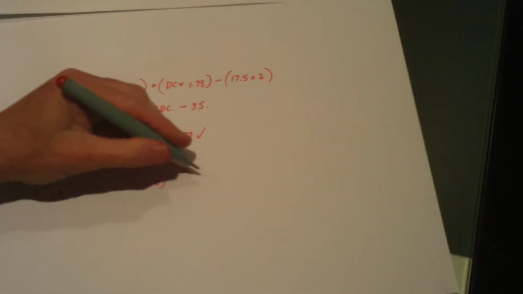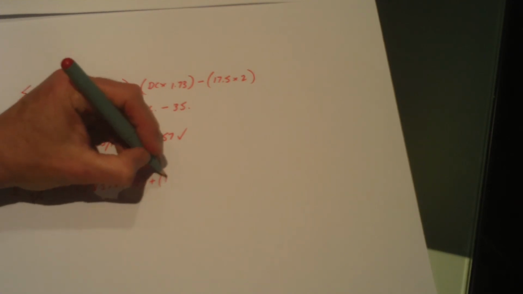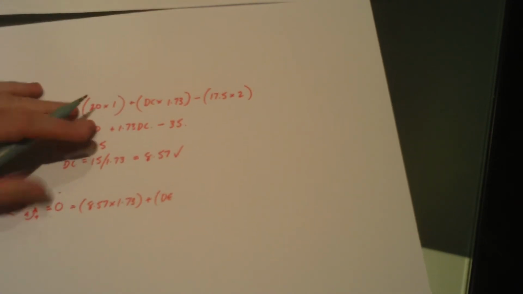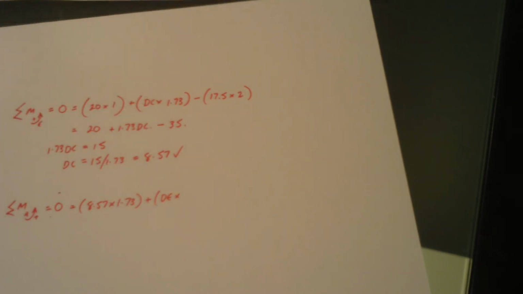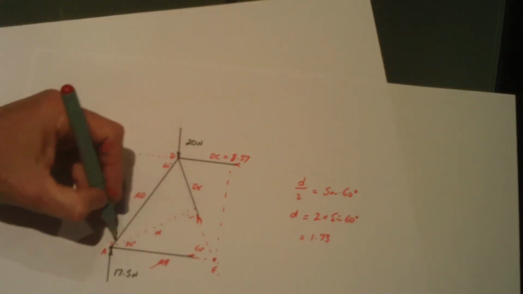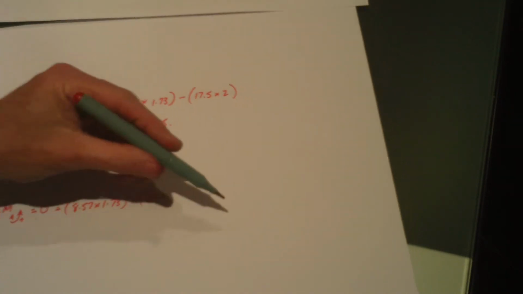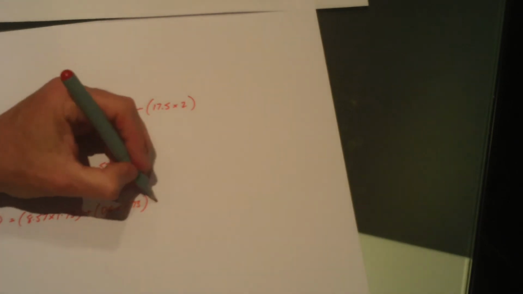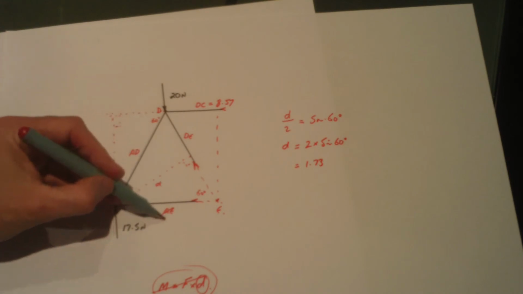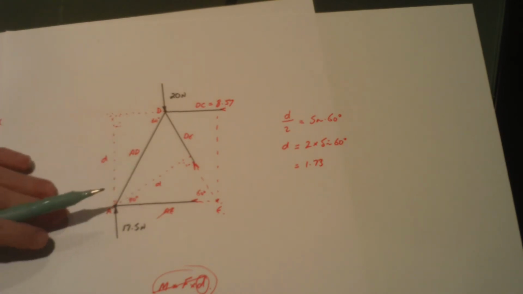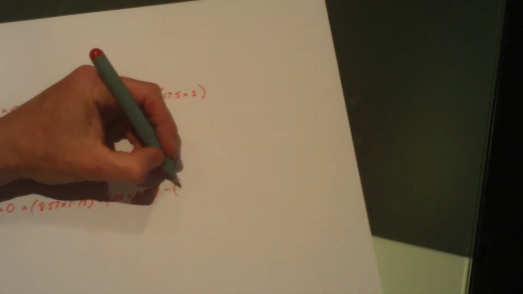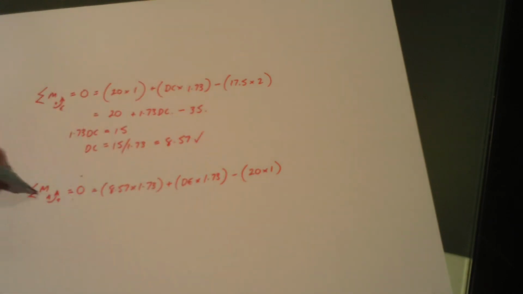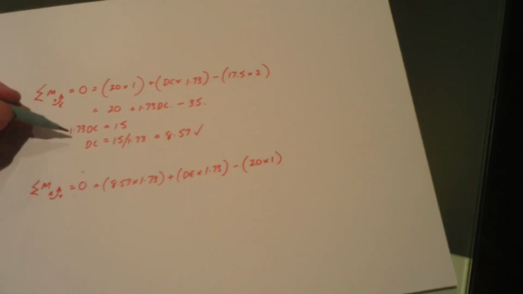Let's put that in, make it positive, and we make it DE, which is the one we're really trying to find in the first place, times its distance, still the same thing, 1.73, and then minus the 20, and again, it's travelling past at 1 unit of distance away from the pivot point. So 20 times 1. So here we've got another calculation which gives us equilibrium, nothing happening.